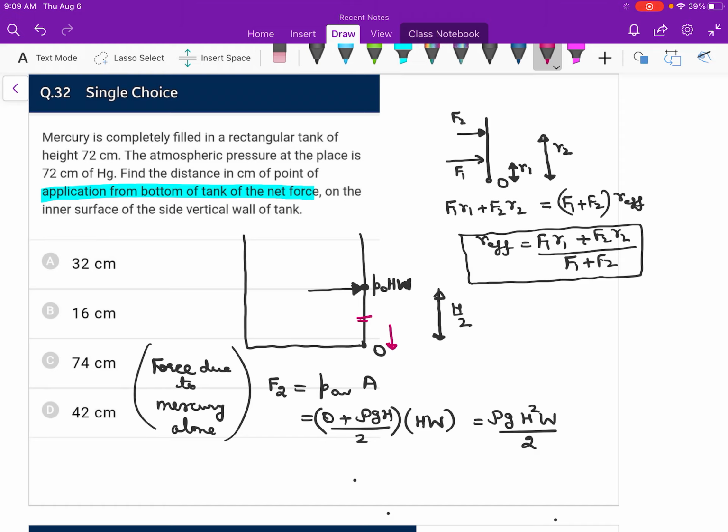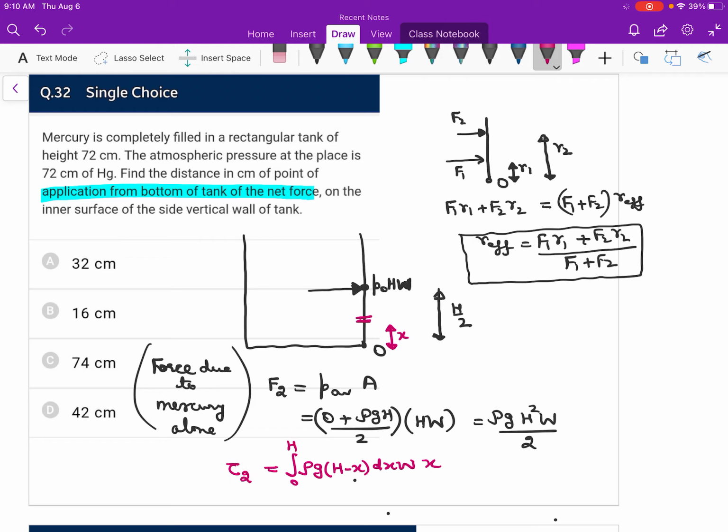Let's consider a strip at height x from O. So pressure at that point is rho g (h minus x), this is pressure, into area, which is dx into w, the area of this strip, and into perpendicular distance, which is x, integrated from 0 to h.